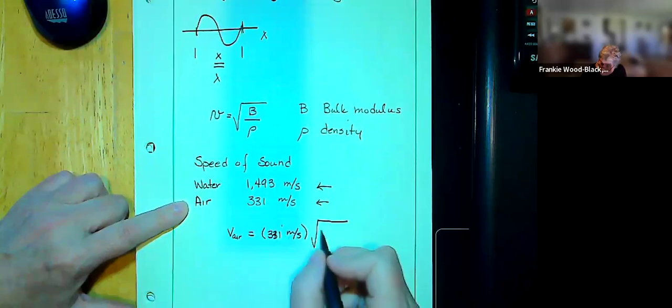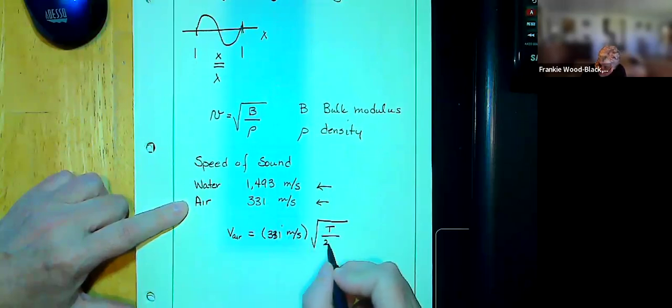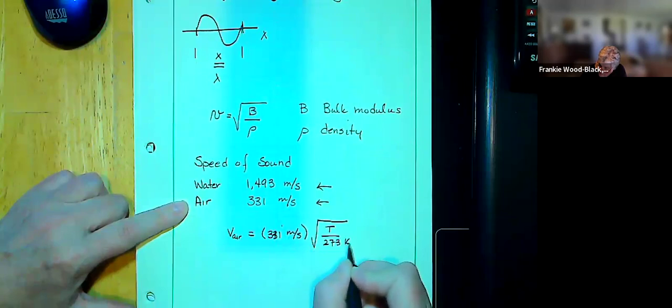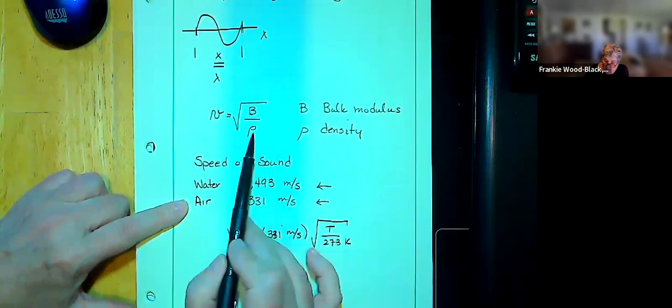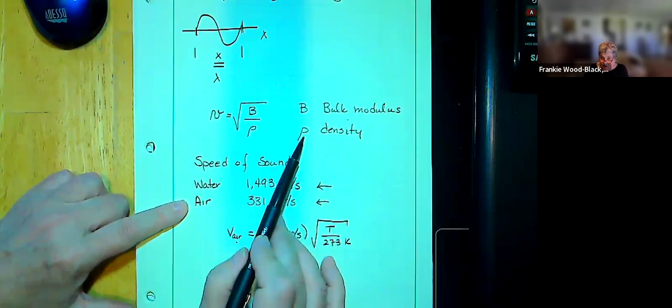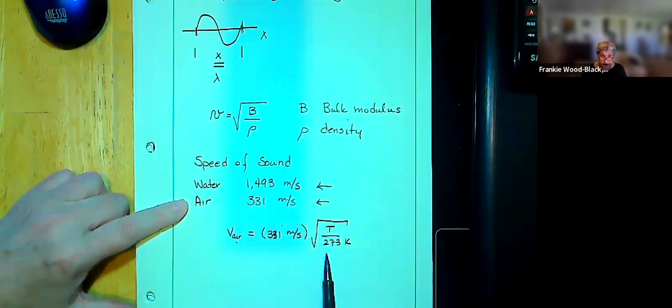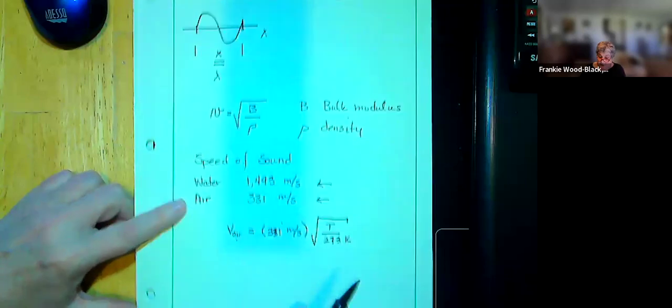And you may see this under a couple of different methods. So temperature in Kelvin, 331 meters per second is going to be, and you get that because, again, what's happening in air is my bulk modulus is going to respond differently, and the density of air is going to be different depending upon my temperature.